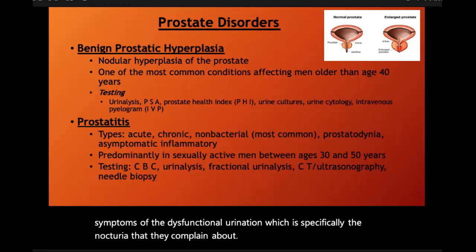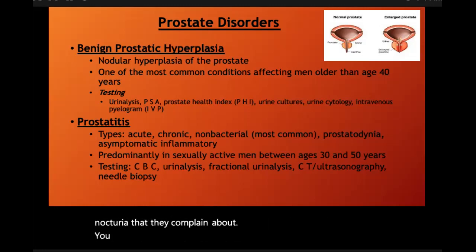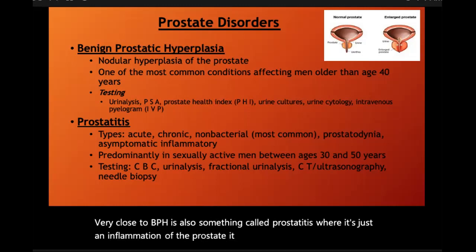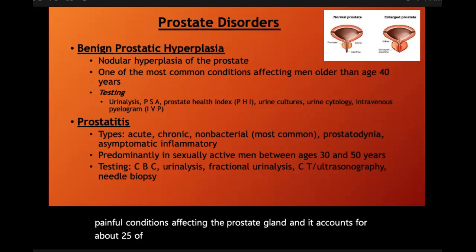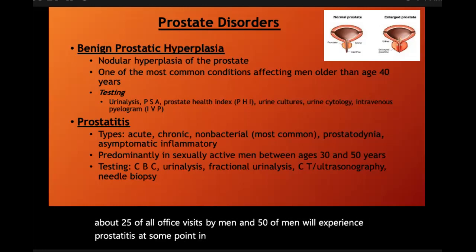Very close to BPH is also something called prostatitis, which is just an inflammation of the prostate. It is one of several inflammatory or painful conditions affecting the prostate gland, and it accounts for about 25% of all office visits by men, and 50% of men will experience prostatitis at some point in their lifetime.